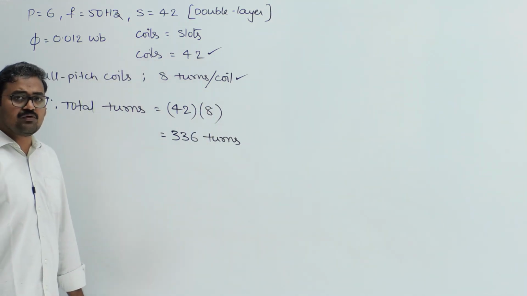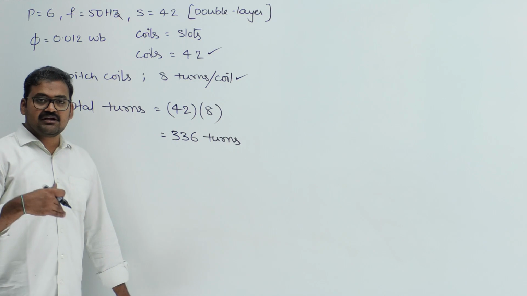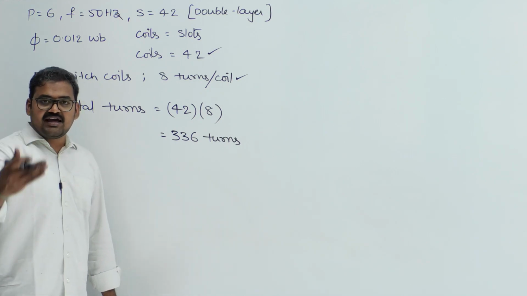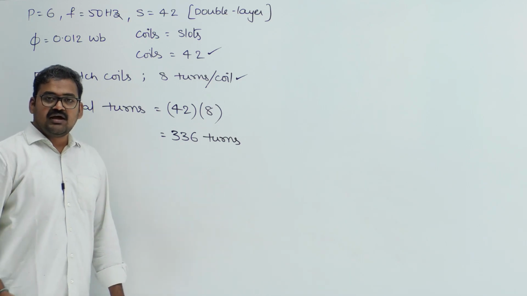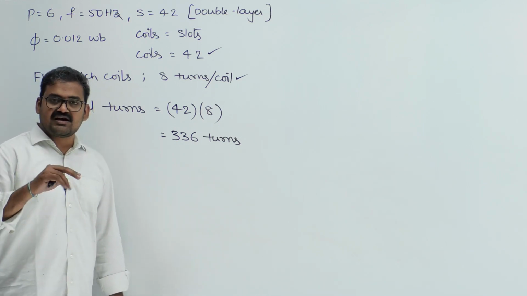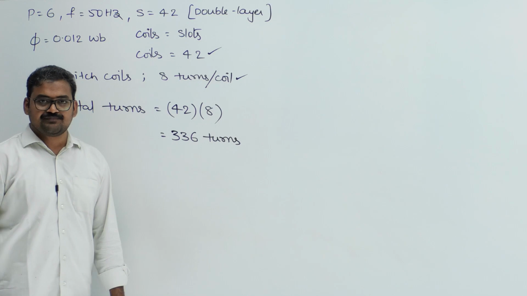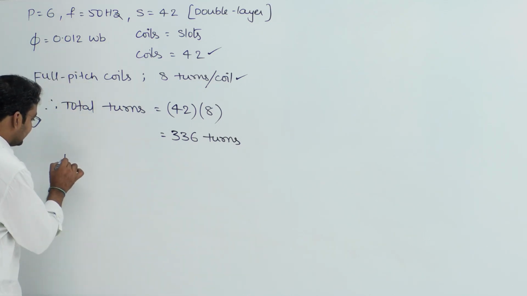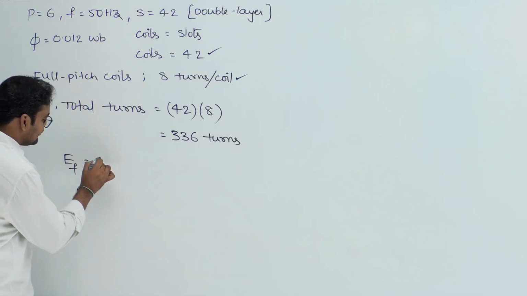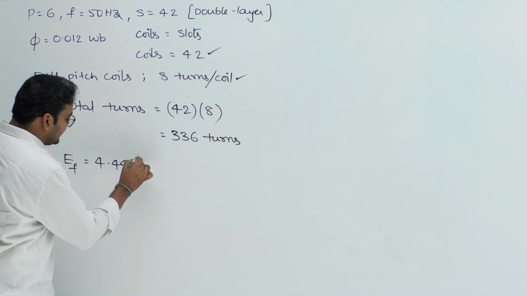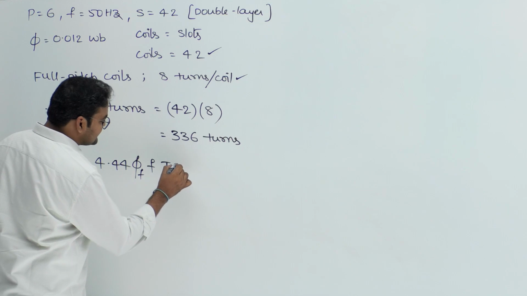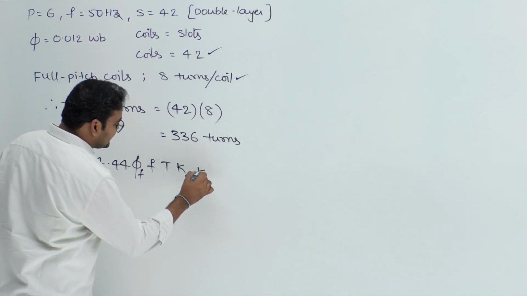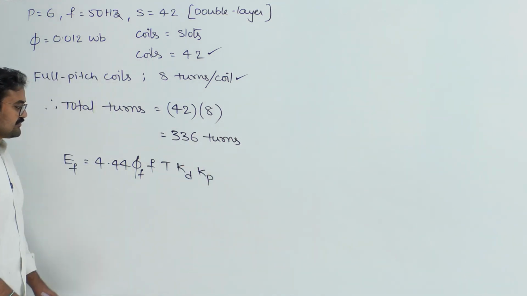Now, we are asked to calculate the phase EMF and line EMF if the winding is 2-phase as well as 3-phase. Let me do it first for 3-phase and then for 2-phase. What is the formula for phase induced EMF? We know 4.44 flux per pole, frequency, number of turns per phase into distribution factor into pitch factor.